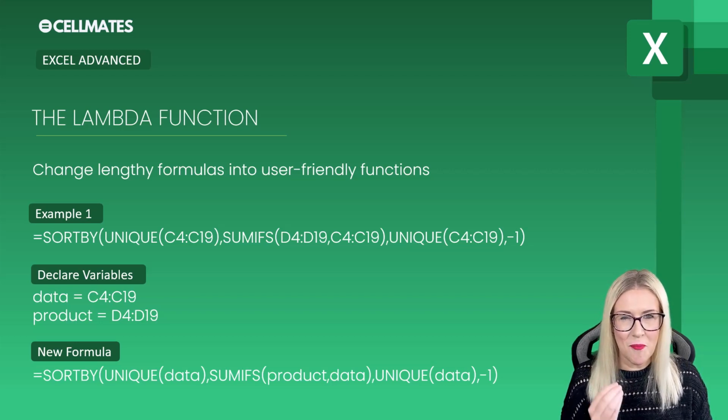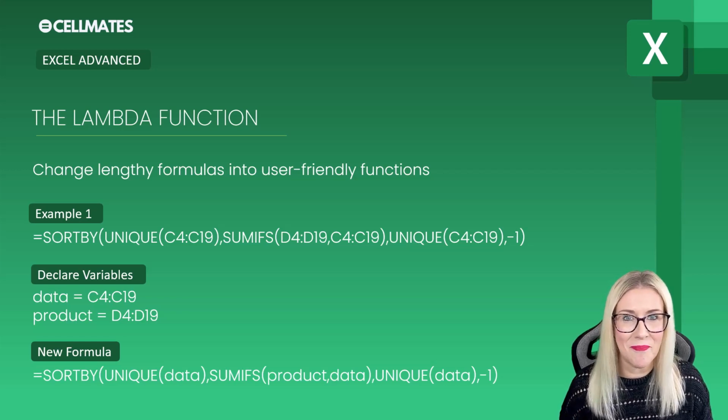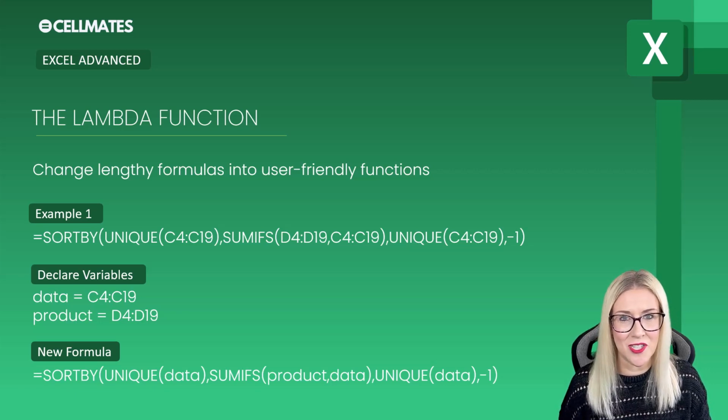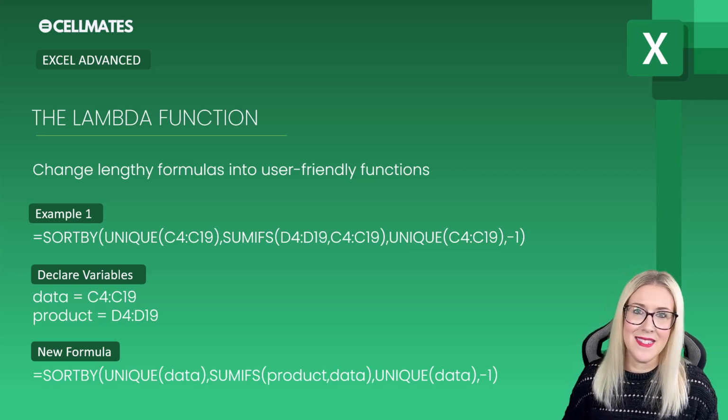So that's the basic principle of a LAMBDA, and the next stage is that we could then take this entire sort by formula and wrap it up in a function that we create. So I could create my own function called, let's say, sort data, and I could use it on my data sets much like any other function. And that, my friends, is a LAMBDA.